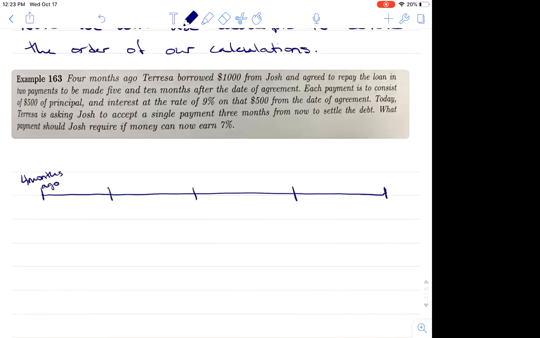And then she was going to make payments 5 and 10 months after this agreement date. So here, I'll just put high above the 3rd tick, 5 months from agreement.